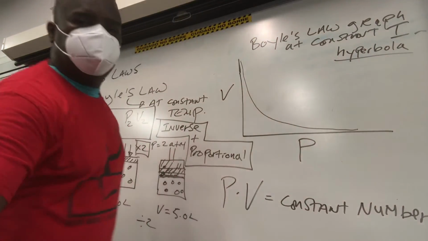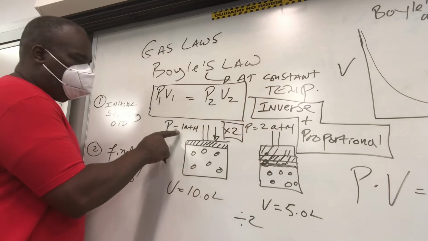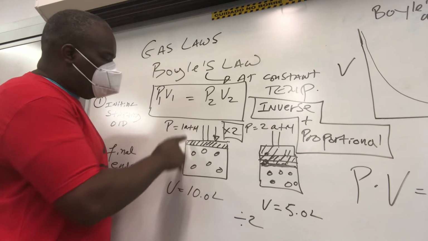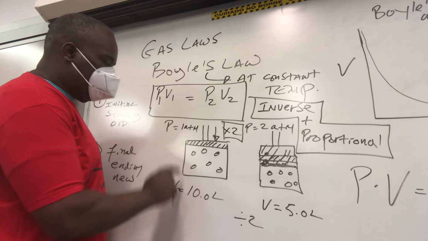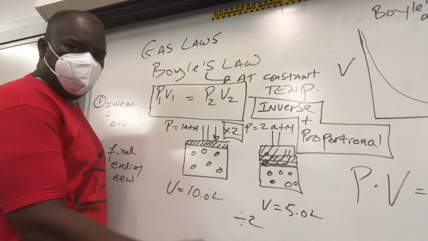Now, what do I mean? Let's look over here at an example, right? So we have pressure 1 atmospheres, volume 10, right? So when you multiply those two guys, what's 1 times 10? You'll get 10, right? 10 atmosphere liters, yes?